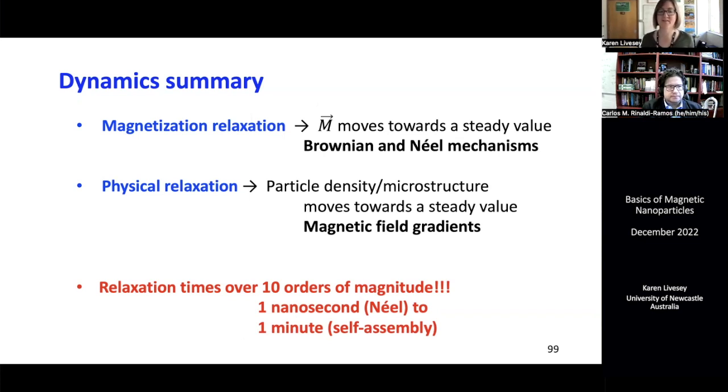Okay, and this poses a real problem. I mean, you may have no sympathy at all. I think most of you are experimentalists, but for theorists, this poses a huge problem because we're trying to understand processes occurring on the nanoscale all the way through to minutes long. And to bridge that gap is really a difficult problem while keeping the physics intact.